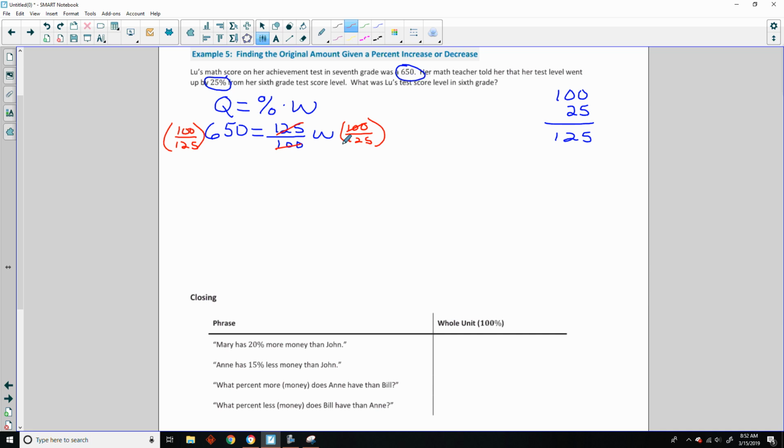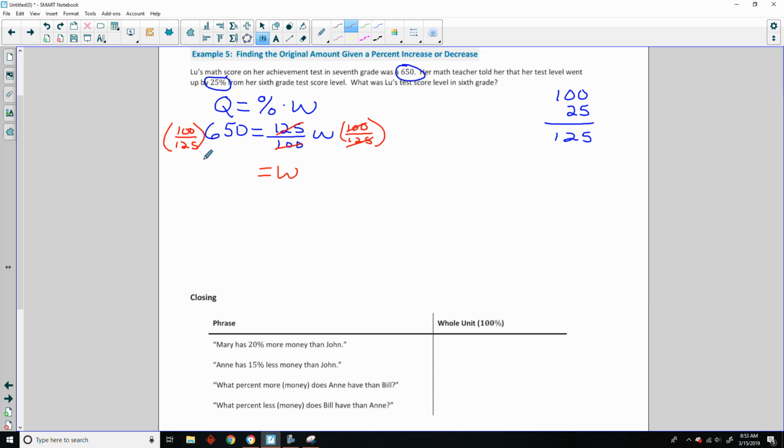This 100 cancels that 100. 125 cancels 125, and I am left with the number I'm looking for. 125 and 125 is 250. Plus 125 is 375. Plus 125 is 500. Plus 125 is 625. That's 5. Okay, so what I'm doing is I'm dividing 650 by 125.